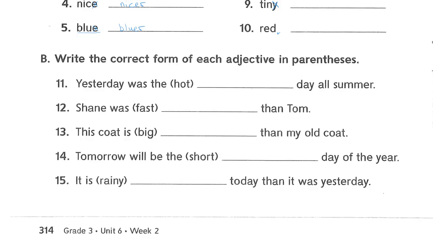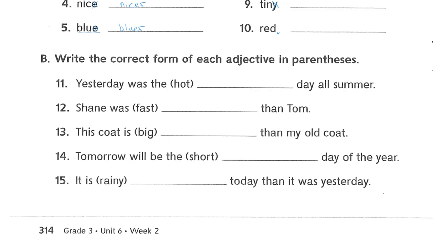Okay, descriptive adjectives. They give us the adjective, but we have to change it. It's either hottest or hotter, faster, fastest, bigger, biggest, shorter, shortest, rainier, rainiest. So we have to spell it right, and we have to use the correct one. So if I was going to do this first one, yesterday was the blank day all summer.